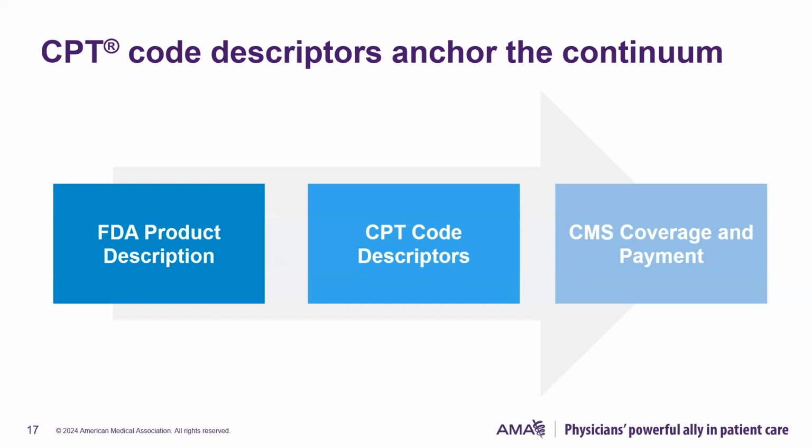The differentiation needed for valuation, coverage, and eventually payment. The impact of technology and the impact that it has on the work of the physician, and the variety of business models and sites of service common in AI that may not be common in other medical services.